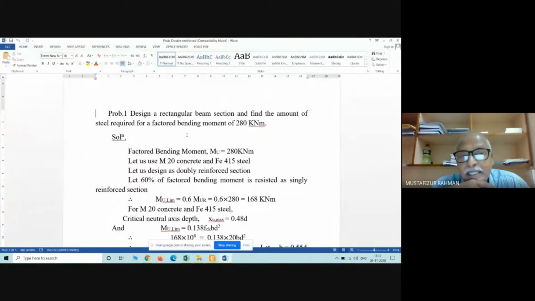Designing the section means we have to find out the breadth and depth of the member, as well as the amount of steel required, both tension and compression. The only thing we have to assume is the grade of concrete and grade of steel. That is the only freedom in our hand.